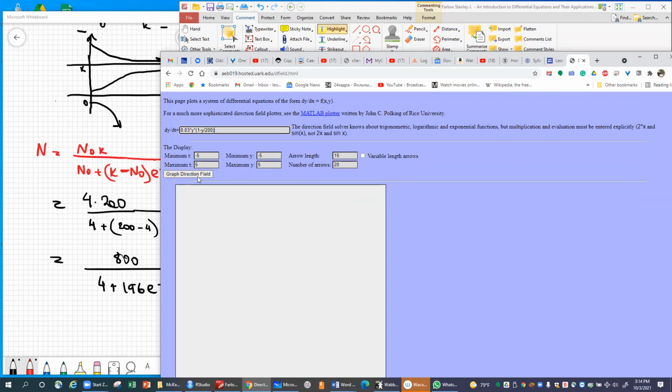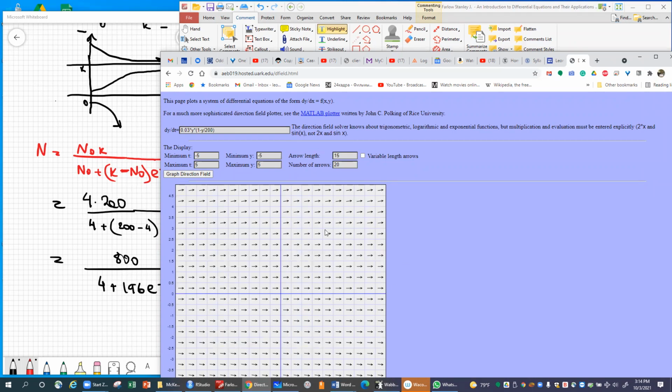Okay, so if I graph the direction field, it doesn't look right because I don't have good bounds. So I want to go from 0 to maybe like 20, and from, let's say, 0 to 300.